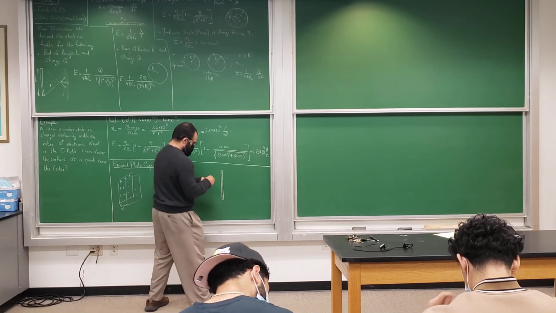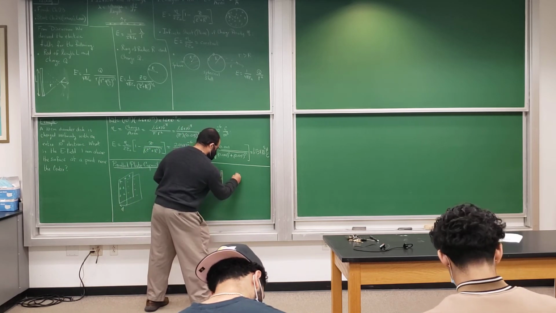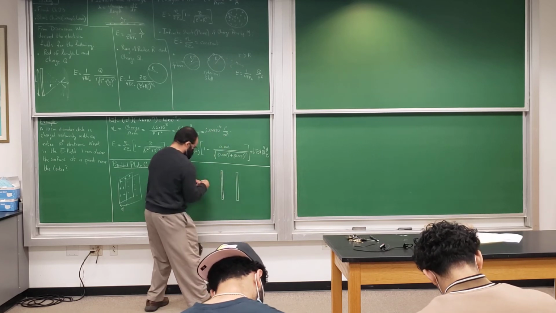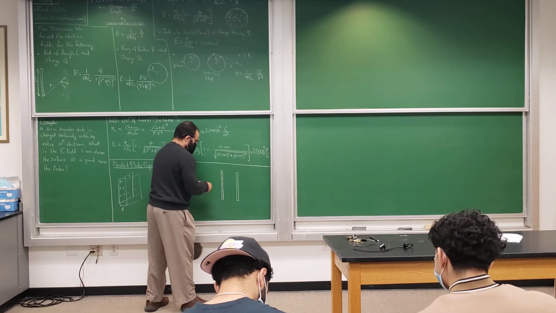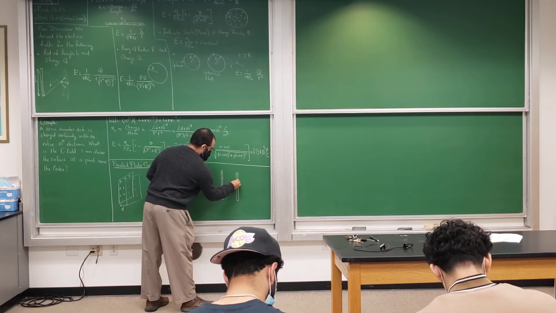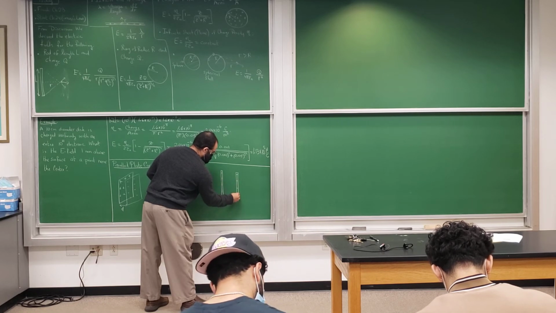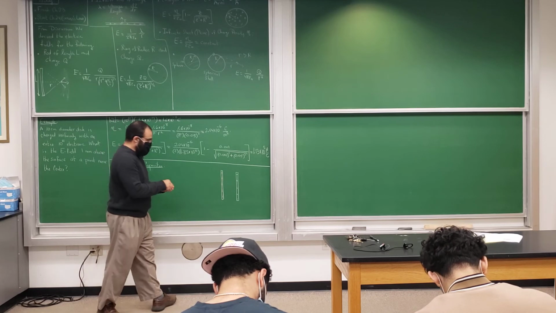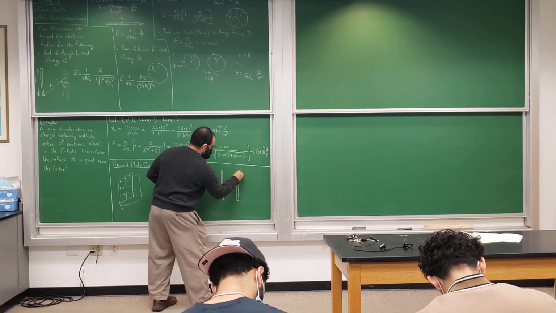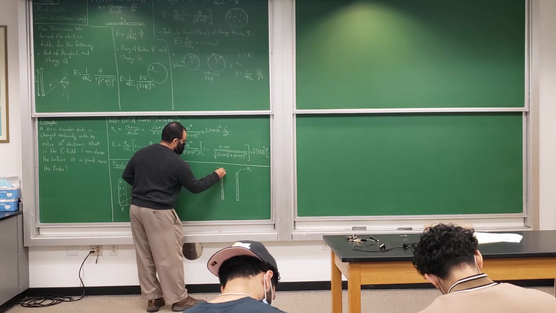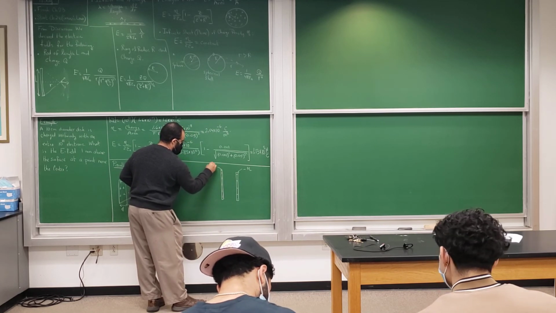And then here's the other one. Each plate has an area A, and it has charge density eta. So this one will have charge density negative eta, and this one will have charge density positive eta, right?